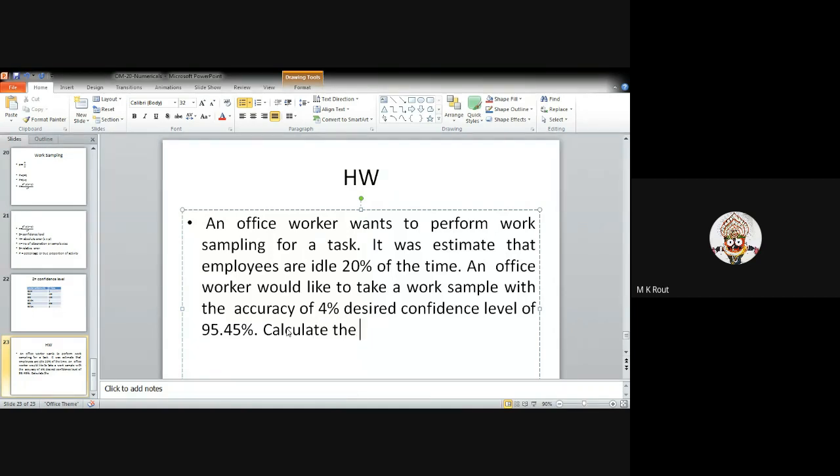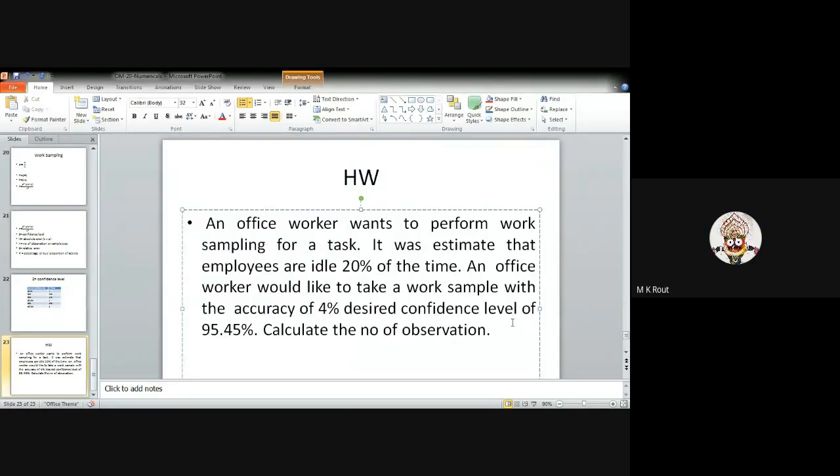Calculate the number of observations. Did you finish? Yes, sir. If the question had asked for the number of observations in a pilot study, that would be mentioned properly, right? Yes, sir.